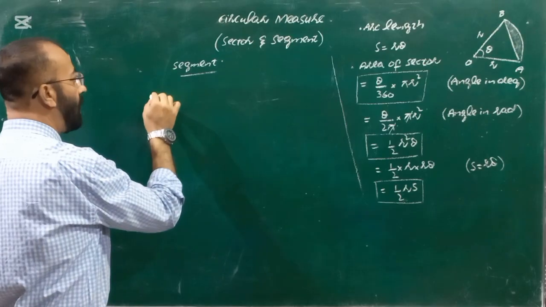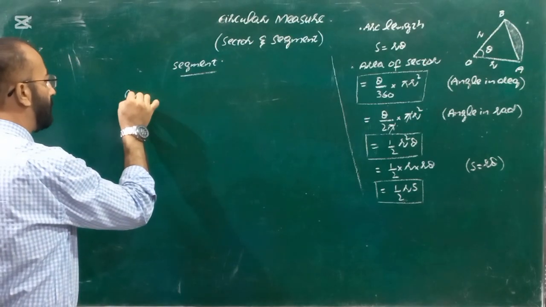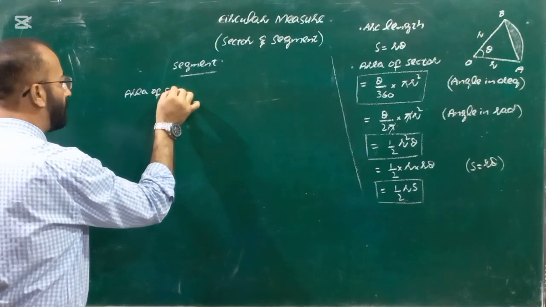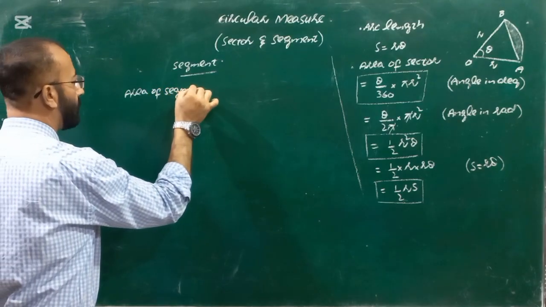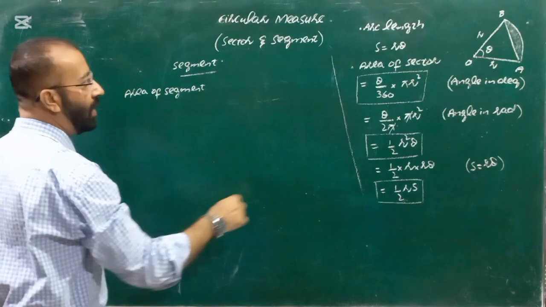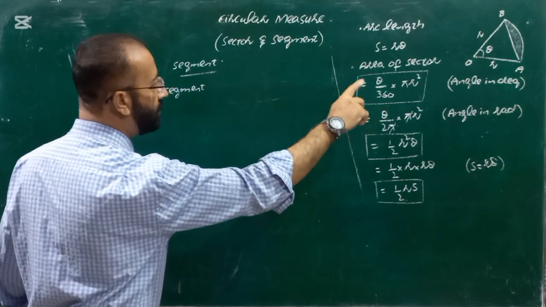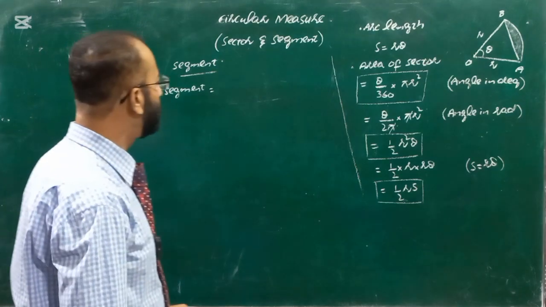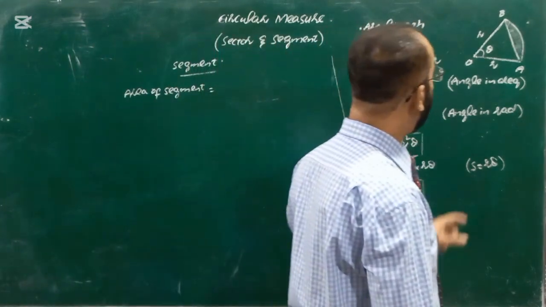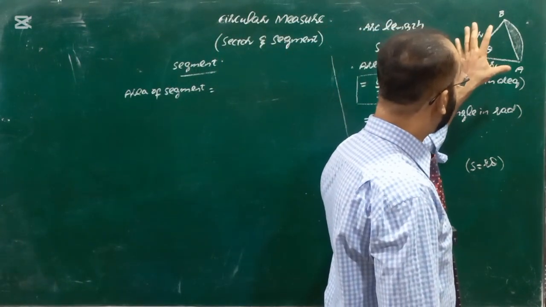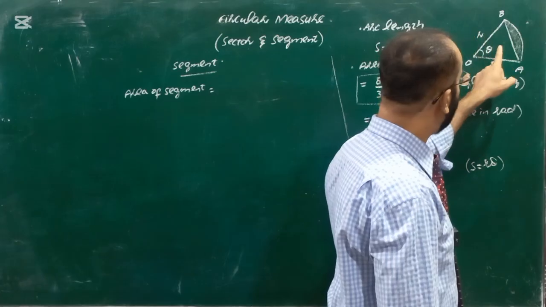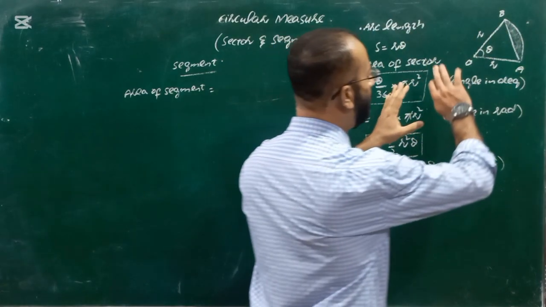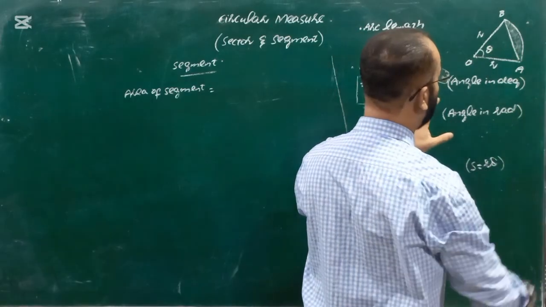So area of segment, that is a shaded part, will be equal to when we subtract the area of this triangle from the area of this sector. So the remaining portion will be left, the shaded part.